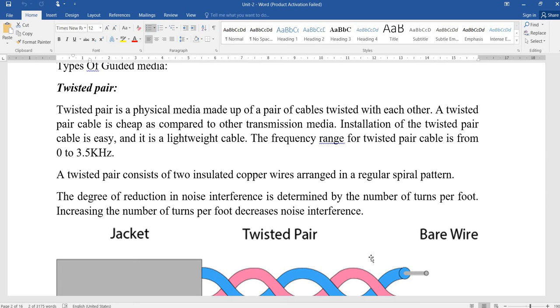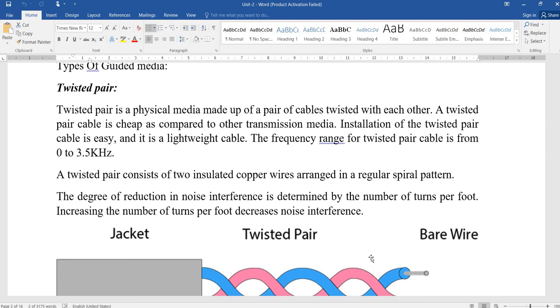Twisted pair consists of two insulated copper wires arranged in a regular spiral pattern. The degree of reduction of noise interference is determined by the number of turns per foot. If the wires are not twisted and run parallel, there is a lot of interference between the two cables.